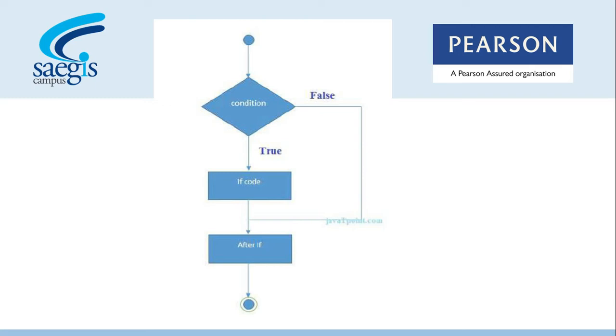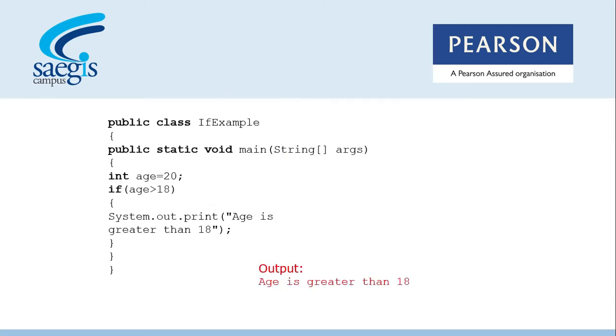This is the flowchart. I think you remember the flowcharts from when we discussed these things earlier. First the program flow checks the condition. If the condition is true, it executes the if code, and if the condition is false, it does not execute the if code and continues with the normal flow of the program. Here we have this example.